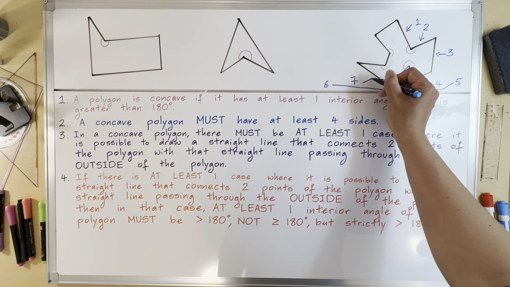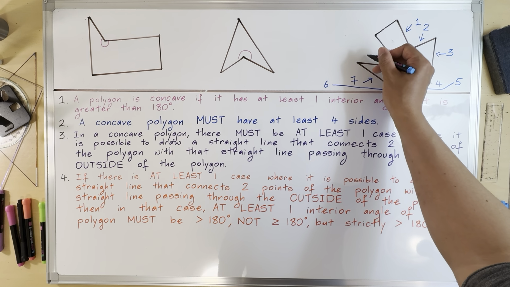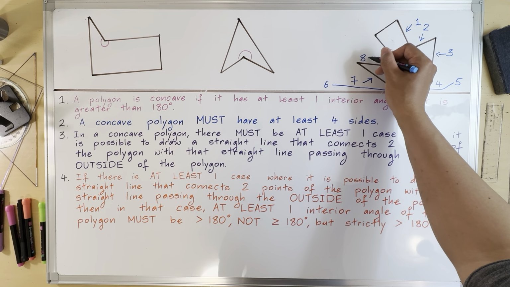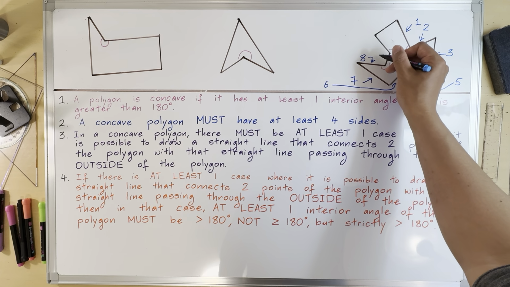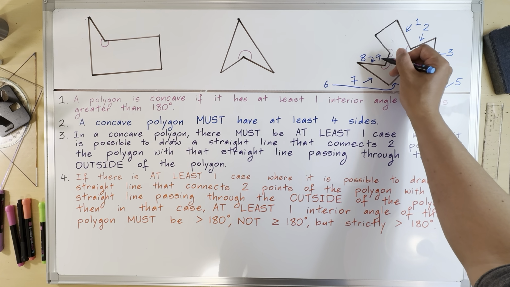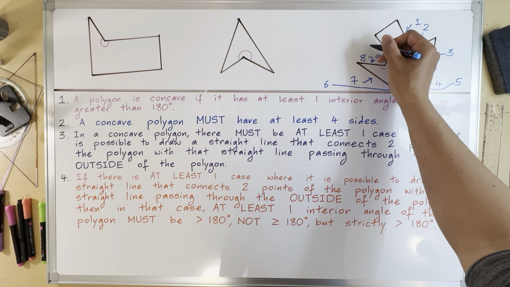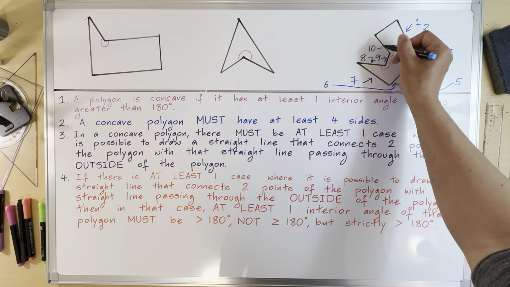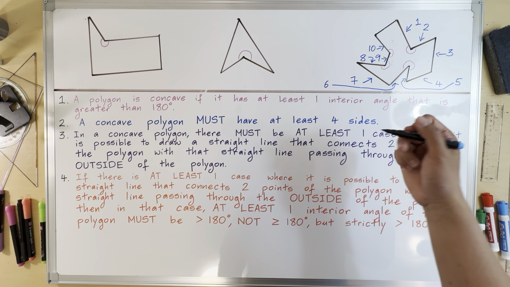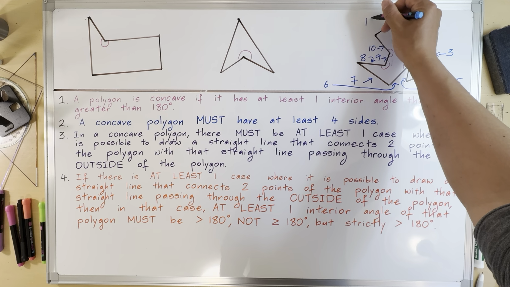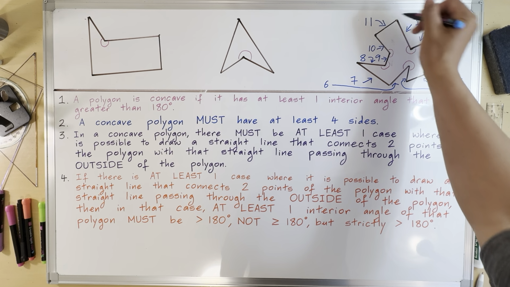There's a seventh side right here, an eighth side right here, a ninth side right here, a 10th side right here, and last but not least, an 11th side right over here.